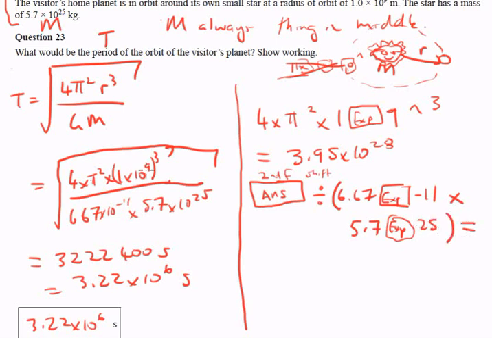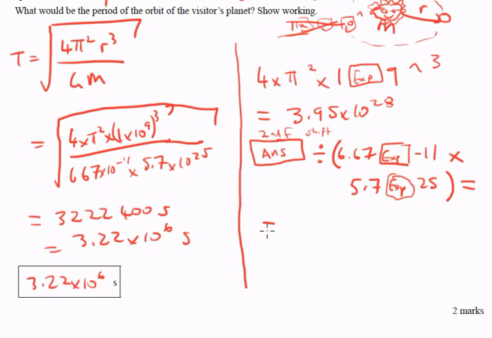So I've taken the top, which was your answer, and I've divided by in brackets this bottom. You've really got to make sure you put these brackets in. And then that gives me, if you're following along, you should get the same answer, 1.04 by 10 to the 13.